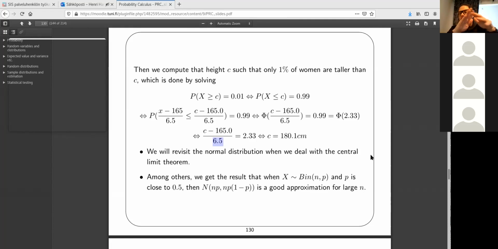So the binomial distribution will look like a shifted normal distribution.